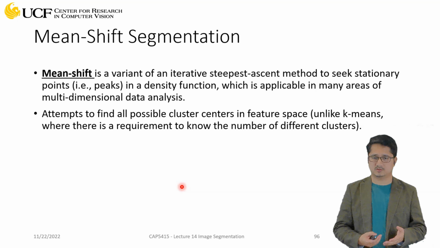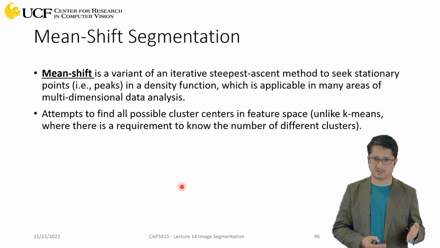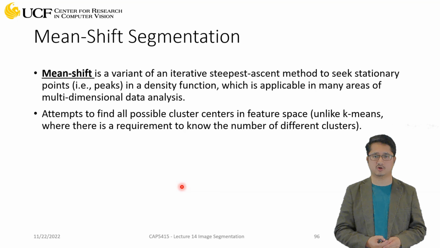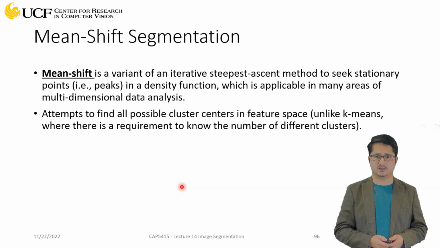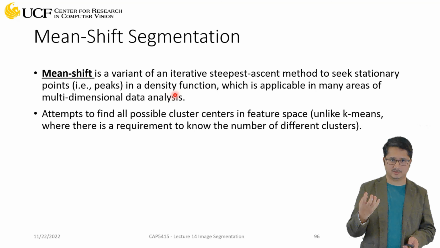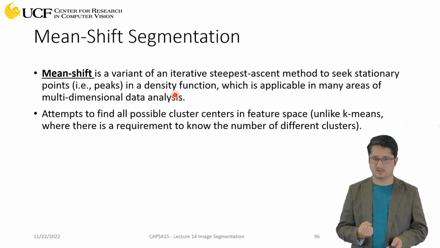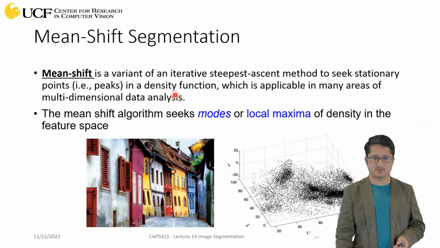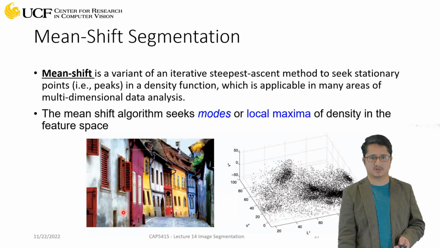First of all, it's trying to address the issue of the number of clusters, which was required in k-means. So we don't need to know how many cluster centers we have. We'll try to automatically detect that. And the main idea behind mean shift is it tries to find the density in your data. Okay. Now let's try to understand what that means. For example, this input image over here, right?